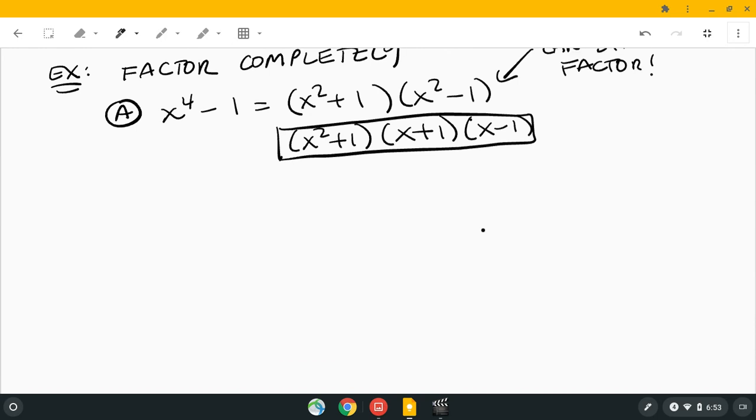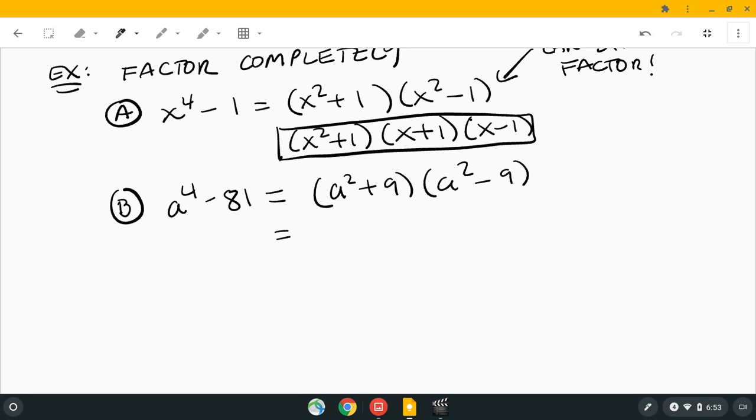Okay, all right, let's take a look at this one. a to the 4th minus 81. Same thing as up here: a squared is being squared, and over here, 9 is being squared. So we have difference of squares again. So this is going to be a squared plus 9, a squared minus 9.